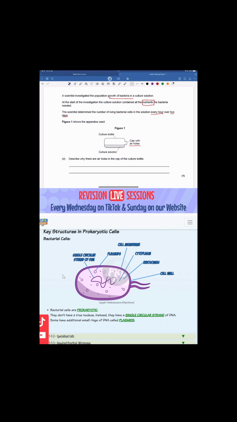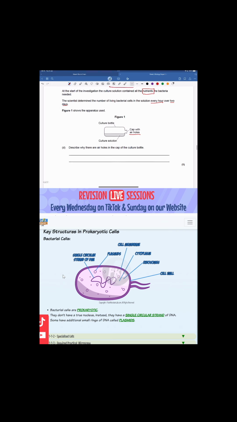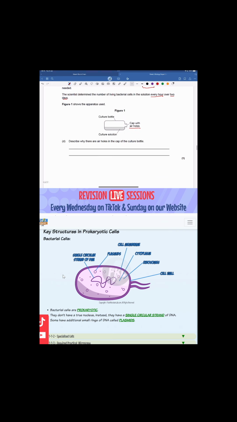To prevent bacteria spreading? No, that would do the opposite actually. If it had holes in it, it probably would make the bacteria escape. No, they don't need moist conditions. There's a solution in there, so it's already moist inside. Yes, so that they can get oxygen for respiration. Good.